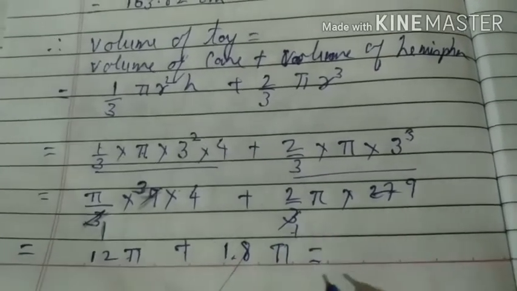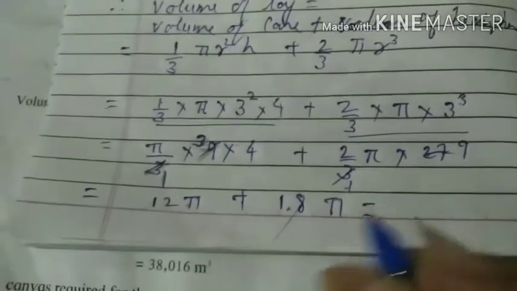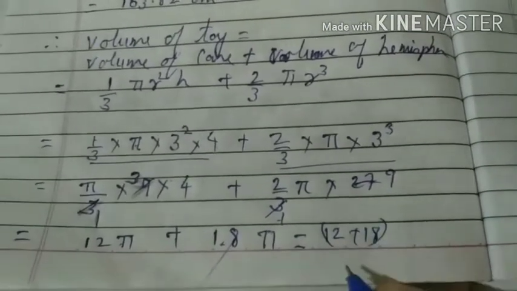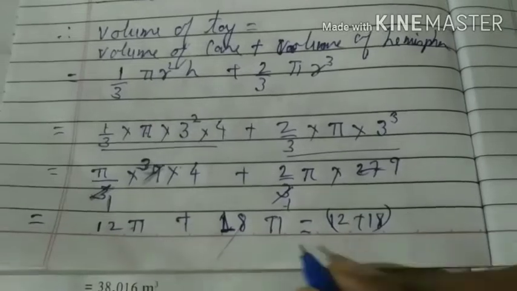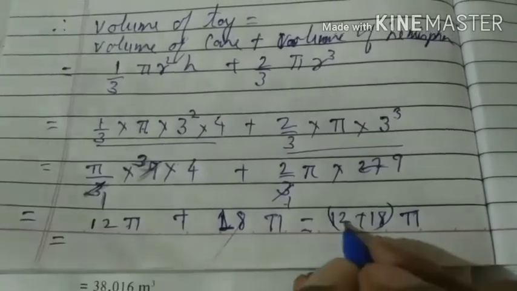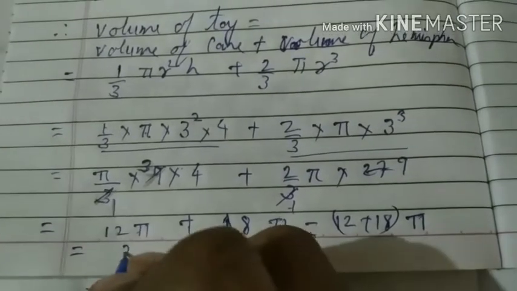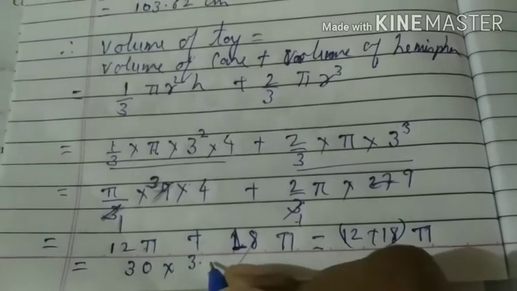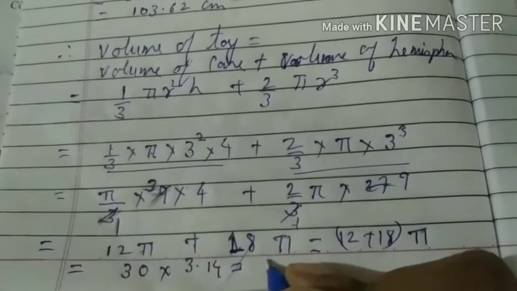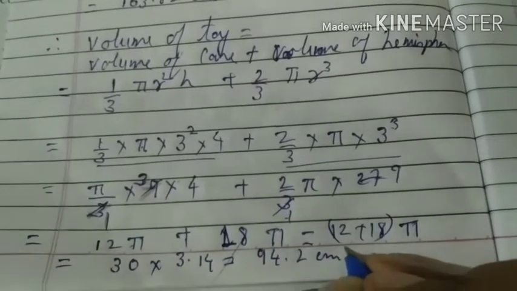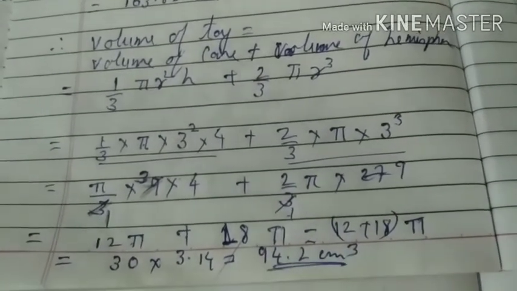Now you can see here 12 pi is common, so I will take here 12 plus 18 in bracket. This is 18 and pi common. So 12 plus 18 will be 30. 30 multiplied by the value of pi is given 3.14. When I multiply these, I get 94.2 centimeter cube as it is volume.